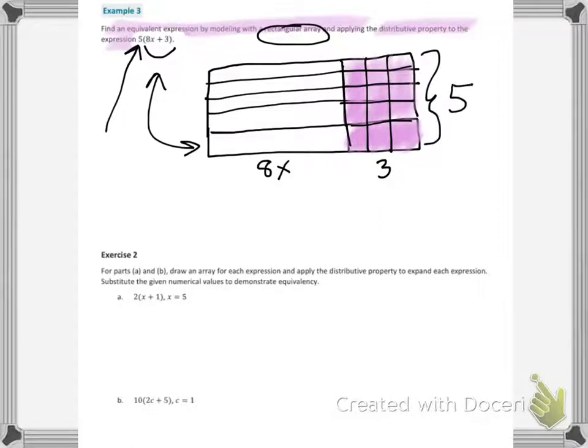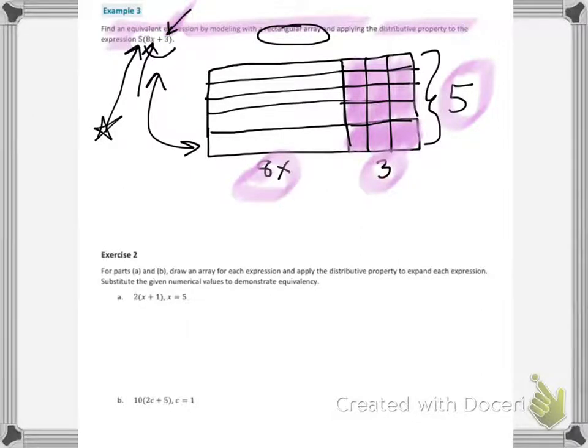So we have the 5 represented there, and then we have our 8x represented there, and then we have our 3 represented right there.